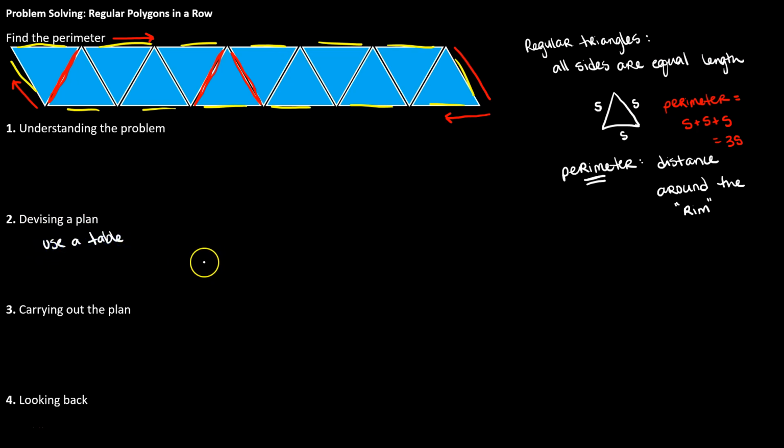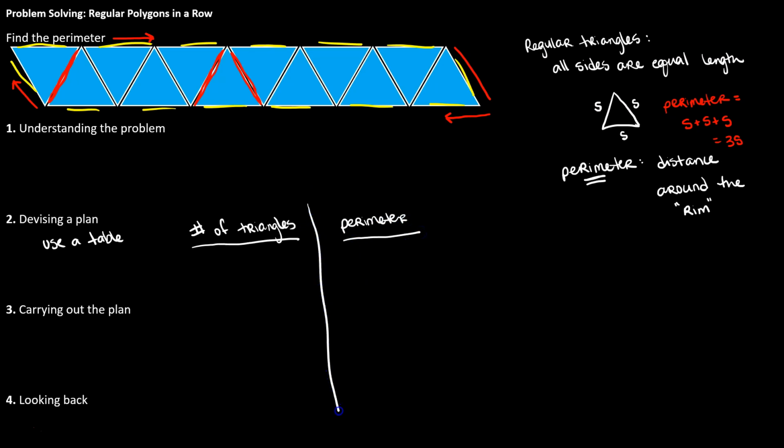The way that we're going to use a table is we're going to look at how the number of triangles is related to the perimeter. So this is the table that we're going to use.